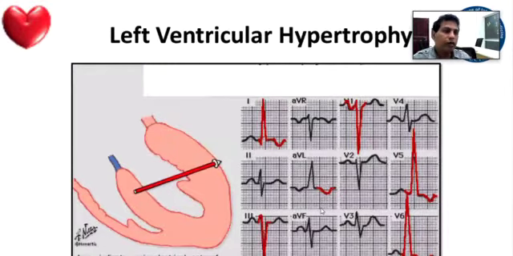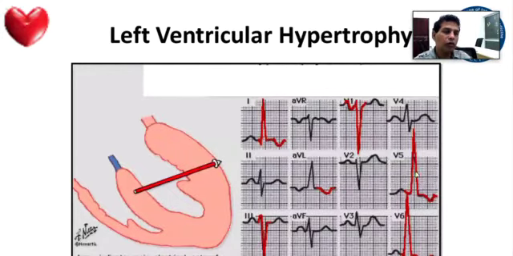So when you have ventricular hypertrophy, we identify it by finding slightly widened and taller R waves in V5 and V6, as well as L1 and AVL, and also deep S waves in V1 and V2. There are several criteria.